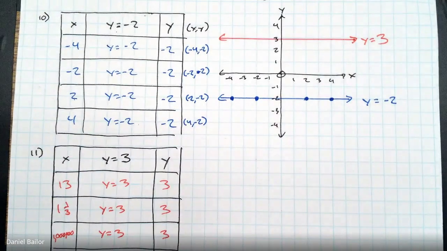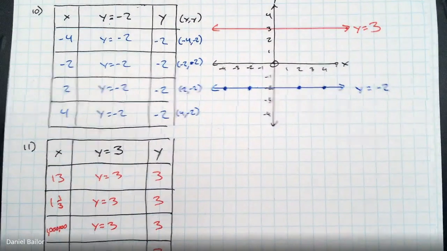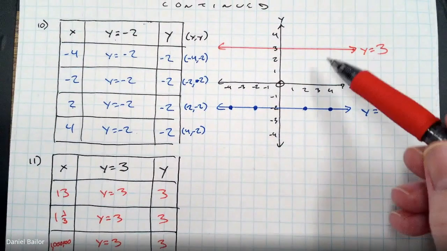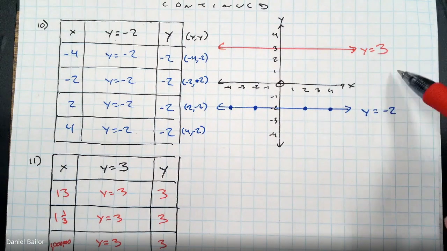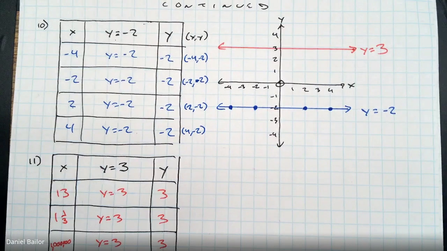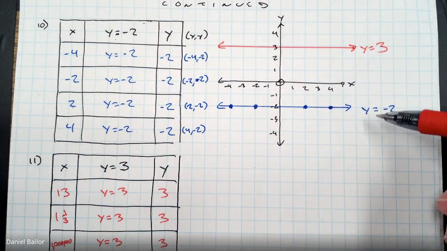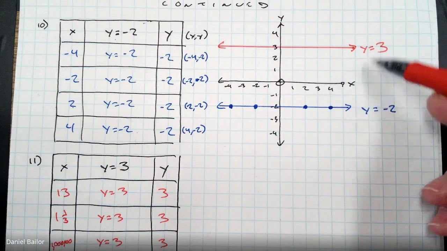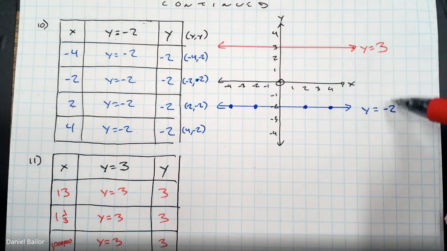Always. And if you notice, I did a couple things when I used the same graph. I used different colors to make it obvious. I also labeled them so that they're obvious. If you're going to use the same coordinate grid for two equations, it helps if you color code your equations and label your lines with your equations.